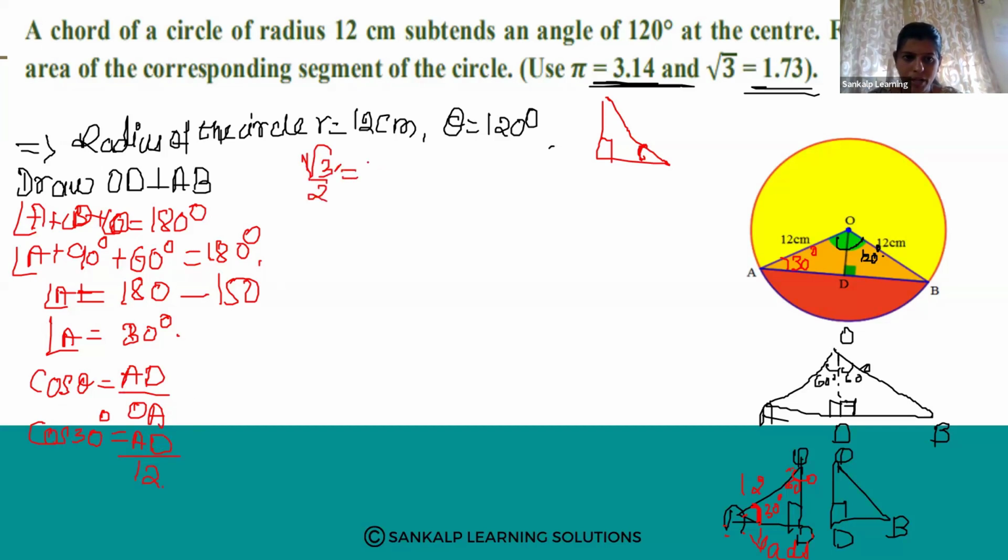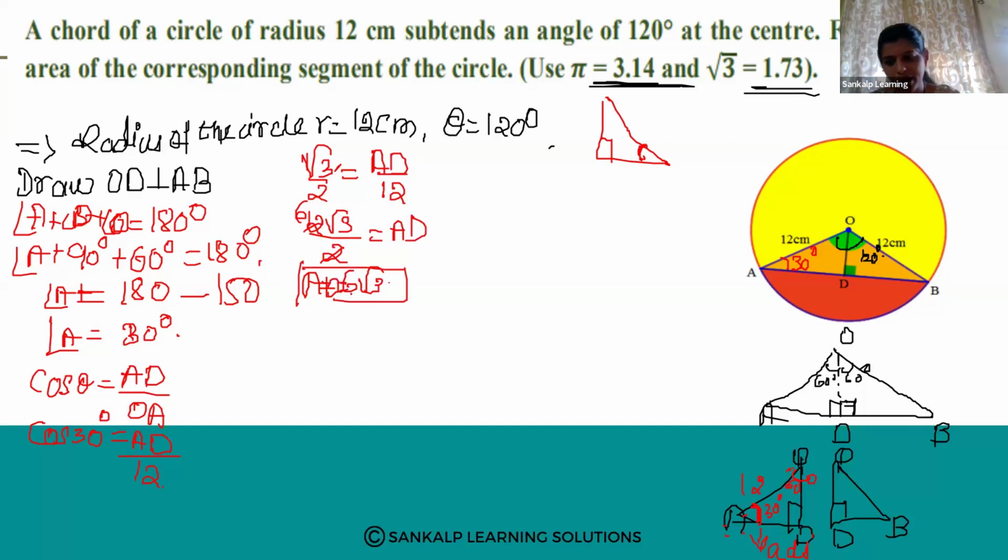So root 3 divided by 2 is equal to AD divided by 12. Transfer this 12 to this side. 12 into root 3 divided by 2 is equal to AD. 2 sixes are 12, so you will get AD is equal to 6 root 3, by using cos 30 degree.